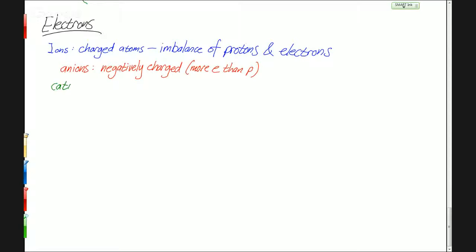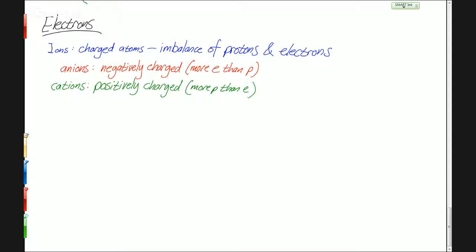And then cations are positively charged with more protons than electrons. So you should know those words. We'll use them a lot.